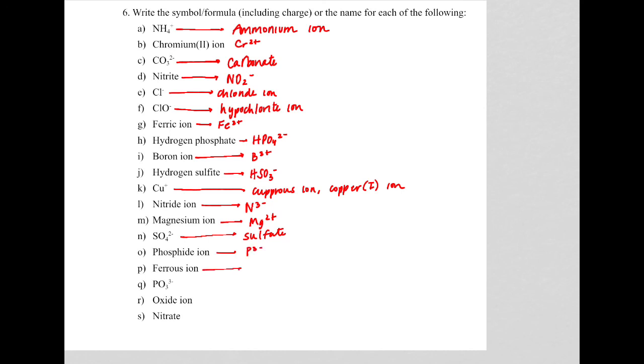Then we have ferrous. Ferrous is Fe2+. This is phosphite. Oxide is O2-. And finally we have nitrate, which is NO3-. There we go. That is it.